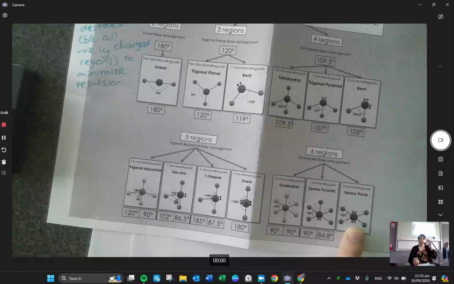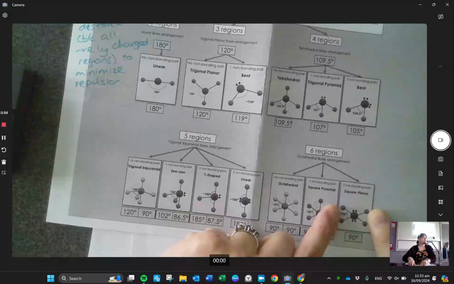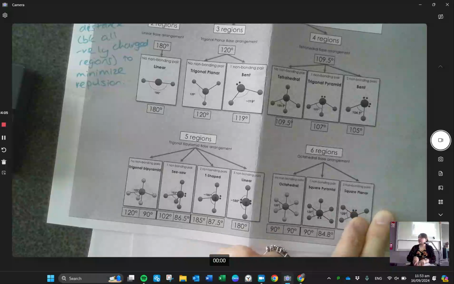Even though it's negative, a lone pair is slightly more negative than a slightly negative atom. So if I was looking at this square planar shape here, even if I have electronegative elements on the end, the negativity of the lone pairs is greater than the negativity of an atom that is slightly negative. So that's automatically going to make it unsymmetrical. Are we okay with that?